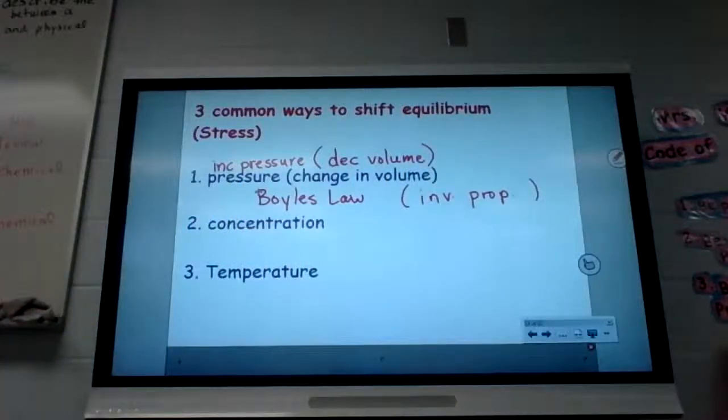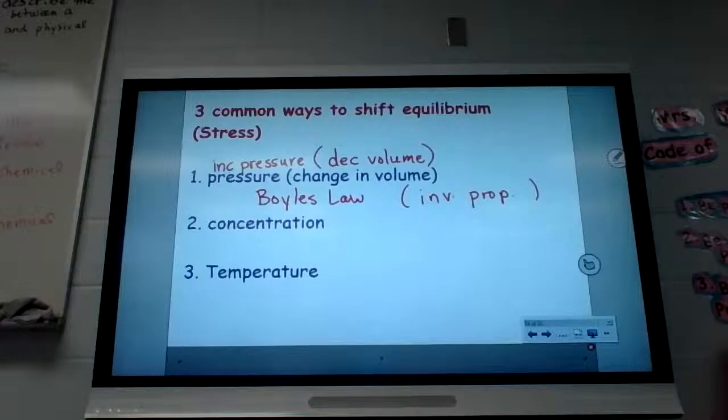Now, just a guess on my part, they would lean towards saying they increase the pressure or decrease the pressure, but if they wanted to combine two concepts in the same question, they could say something about volume to bring Boyle's law into Le Chatelier's. They could do that, so I'm just pointing that out. No, you will not need to know Boyle's or Charles's or Gay-Lussac's law. You just need to know that pressure and volume are inversely proportional.